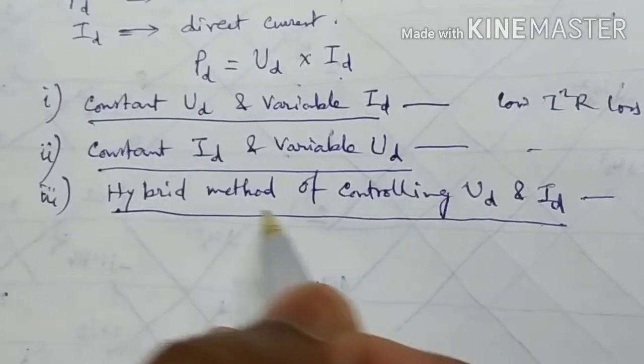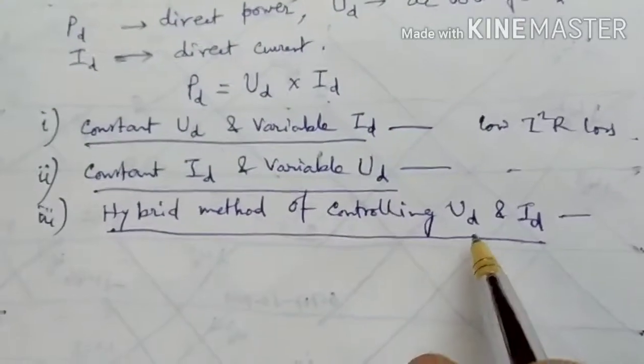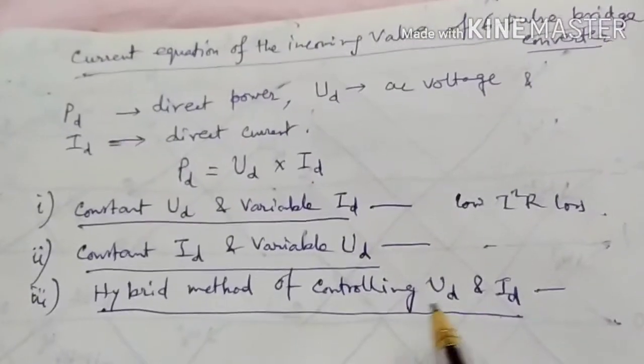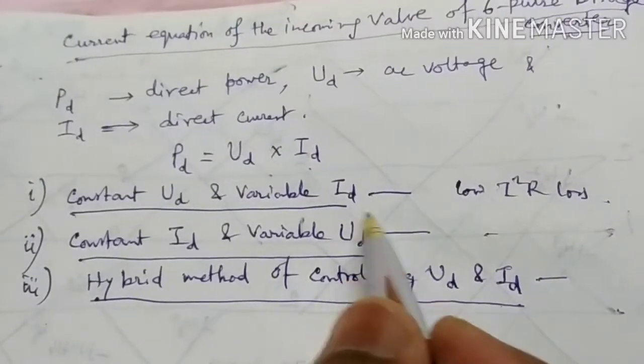So the hybrid method controls AC voltage and direct current. This method combines the advantages of 1 and 2.